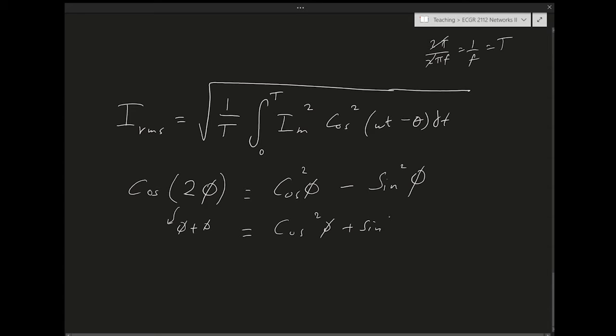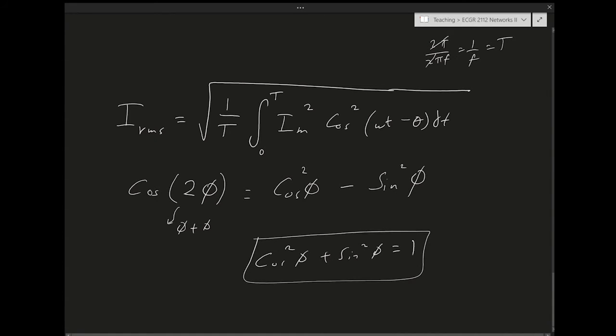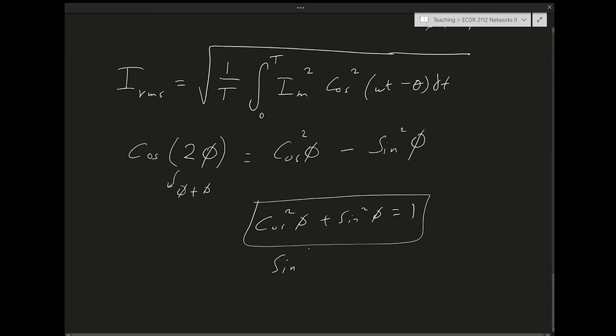Remember the other identity, that cosine squared phi plus sine squared phi equals 1. This is also another basic trigonometric identity. I want to write everything on the right-hand side in terms of cosine. So that tells me that sine squared phi equals 1 minus cosine squared phi.